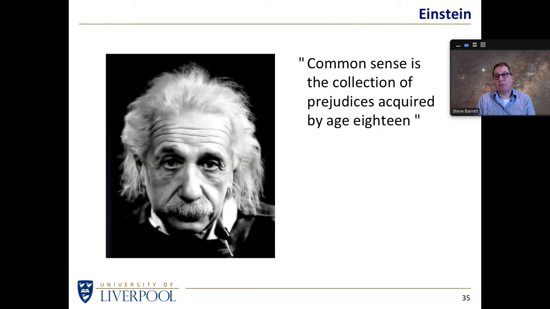But Einstein made a useful quote: common sense is a collection of prejudices acquired during your childhood. In other words, common sense and quantum mechanics, there is no reason whatsoever why they should agree. Because you spent 18 years as a child coming into adulthood trying to make sense of the world.